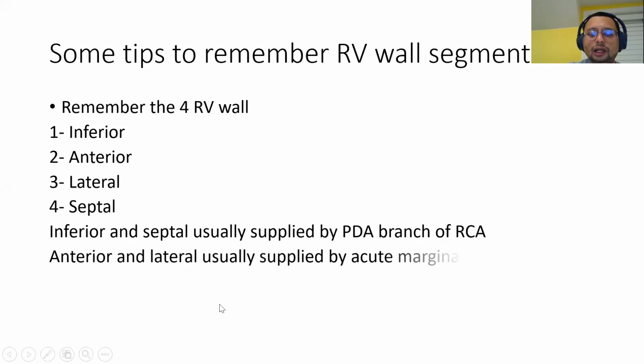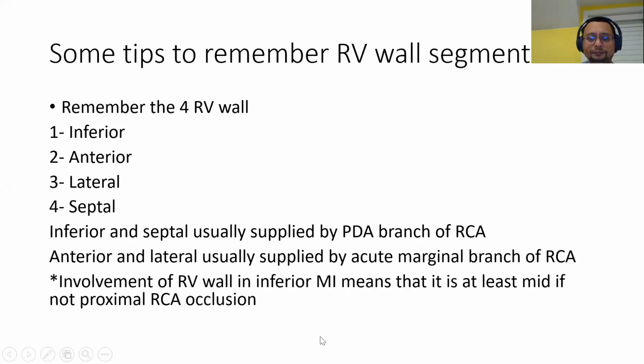Now, if you have a problem with the proximal part of the RCA, proximal to the acute marginal branch, then you will have involvement of the whole of the right ventricle. So this is how you remember that. Involvement of the RV wall in inferior MI means that it is at least mid, if not proximal, RCA occlusion. I will show you a little bit later.